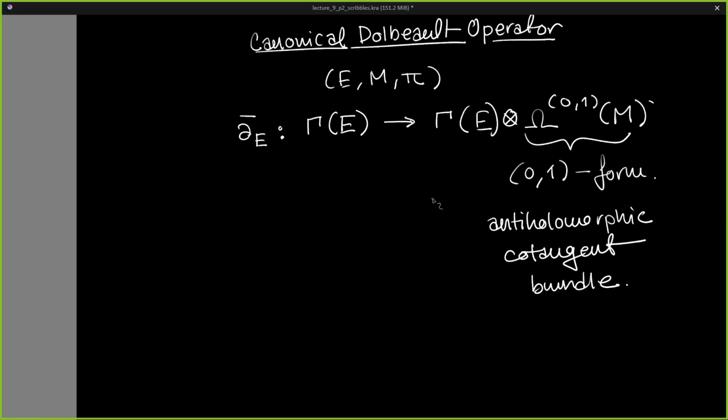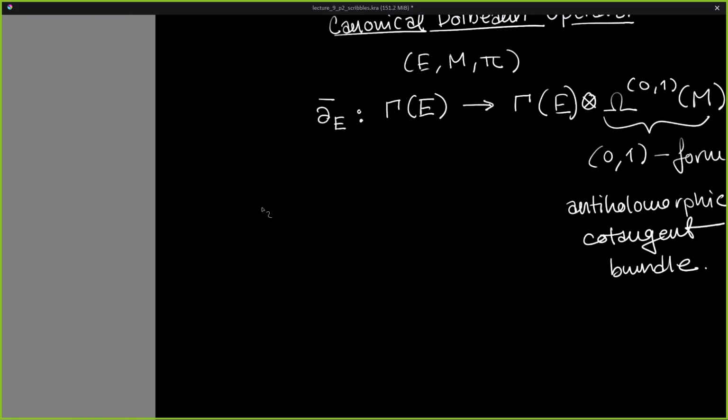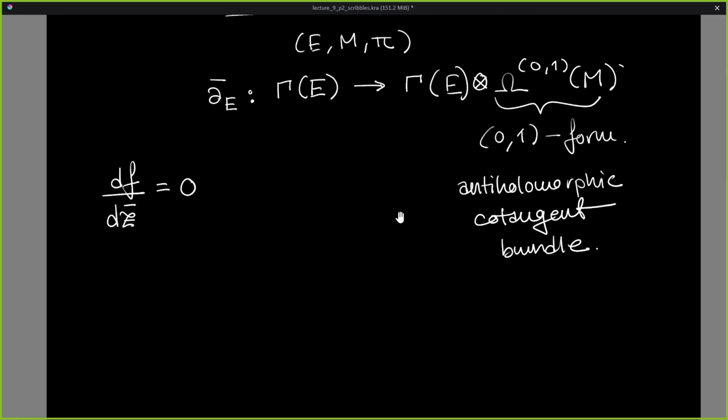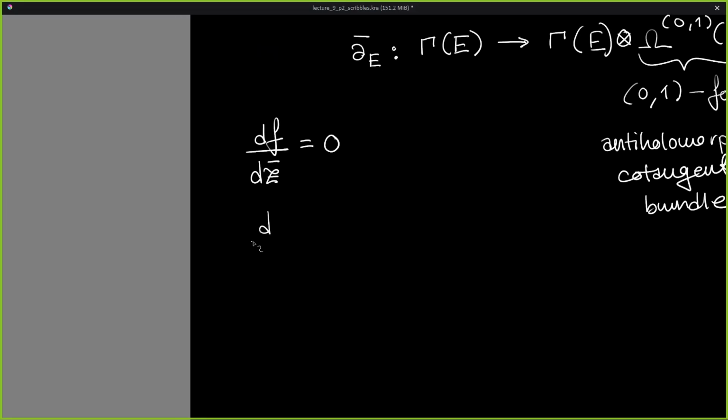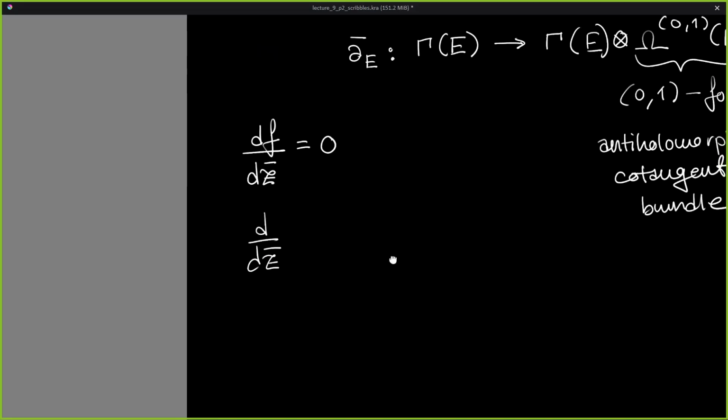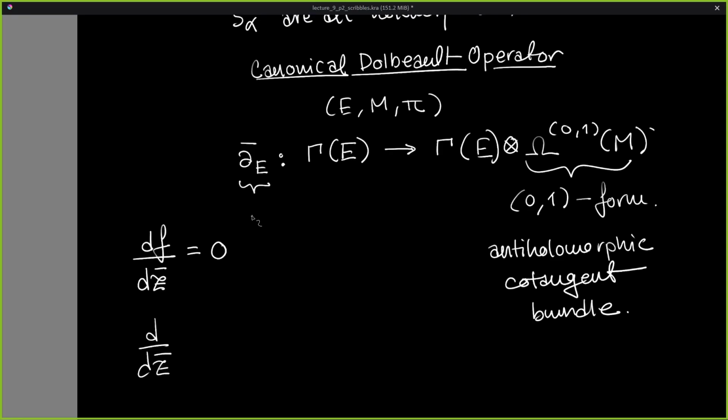The analogy we're trying to make here is that the Cauchy-Riemann equations look like this. That's what makes a function holomorphic. So the analog of the d dz bar operator is this operator on the vector bundle.